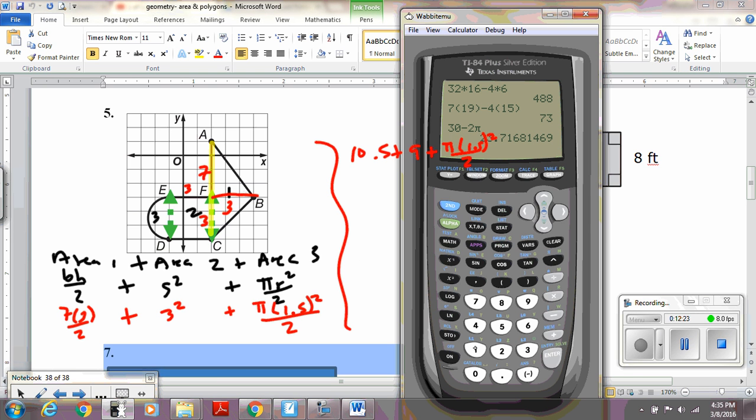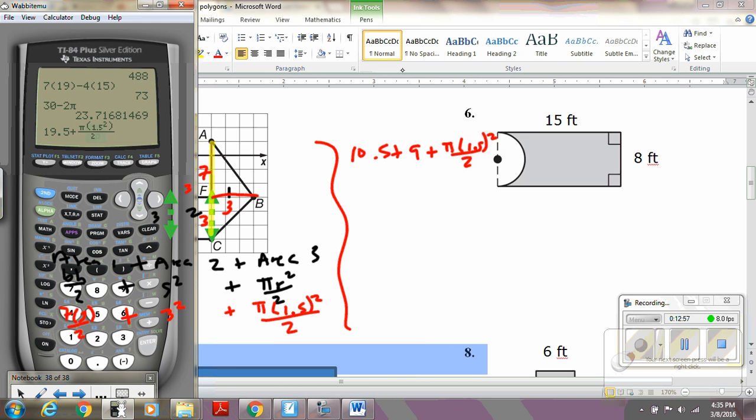So I know I have 19.5, combining the 10.5 and the 9, plus pi times 1.5 squared over 2.